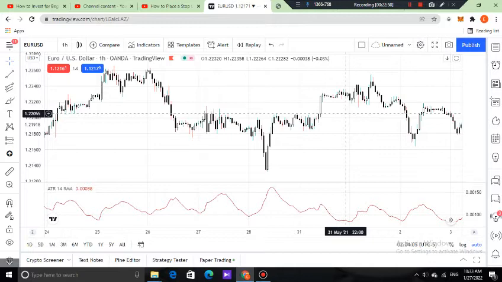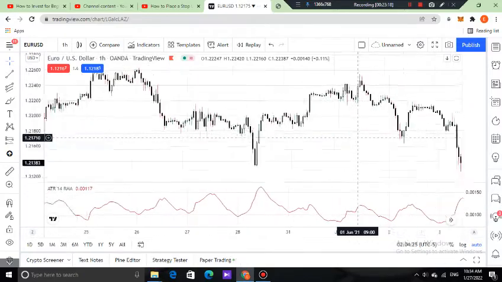If a pullback happens, we prefer to get out of the position because time is money and we don't have that much time. But in swing trading, we can consider a wide stop because we have time and we can wait.